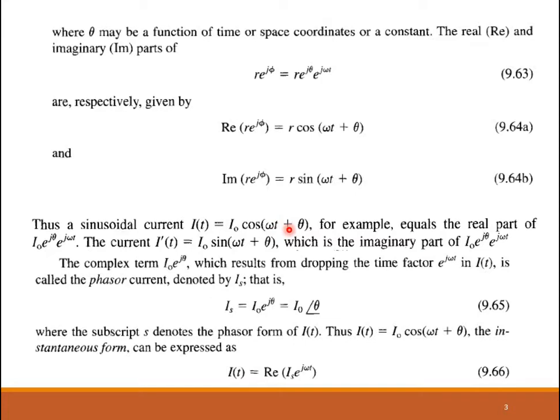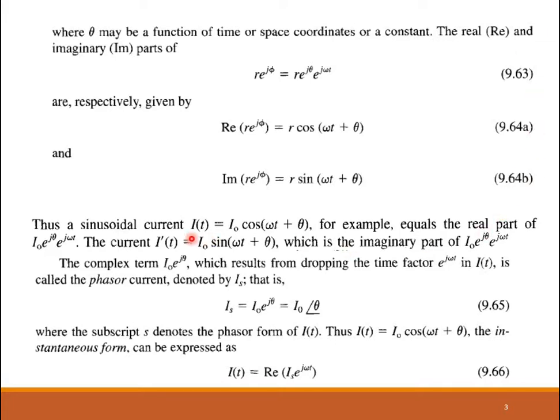This implies that this particular expression for I of t corresponds to the real part of I0 e raised to j theta e raised to j omega t. How can I validate this or prove this? This is based on the equations that I just explained, equations 9.63 to 9.64b.